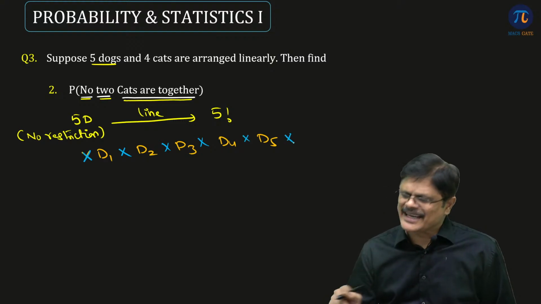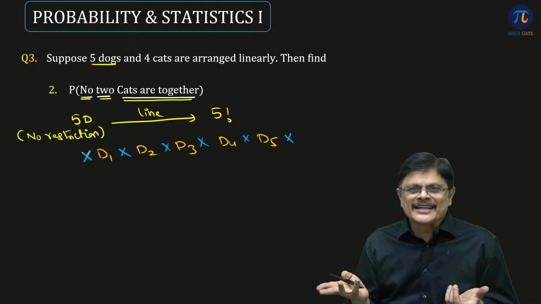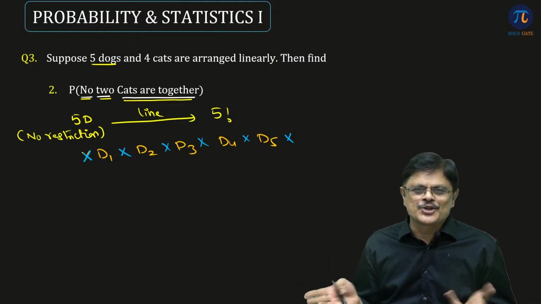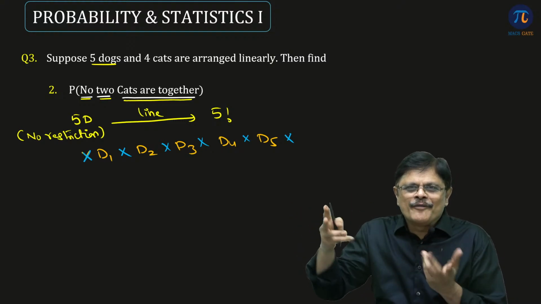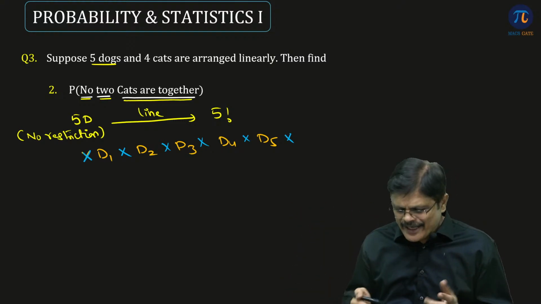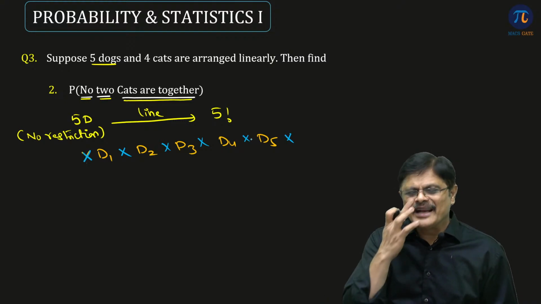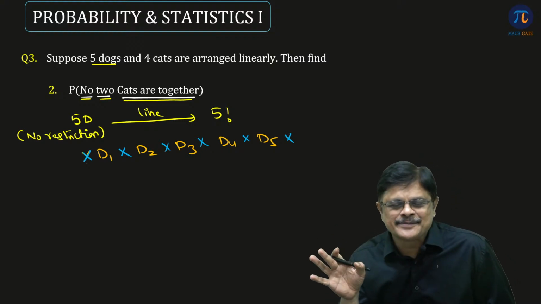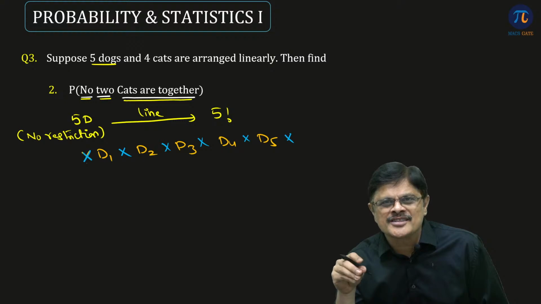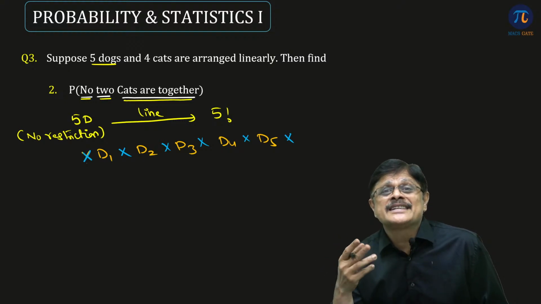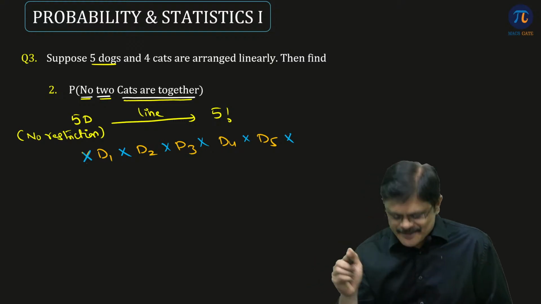If you arrange the cats in the gaps, because obviously other than the gaps, the remaining are all dogs, then obviously no two cats will be together. How many gaps are there? 1, 2, 3, 4, 5, 6. Note, whenever there are n objects in a line, there are n plus 1 gaps. So here we are having five dogs. So how many gaps are there? Six gaps.